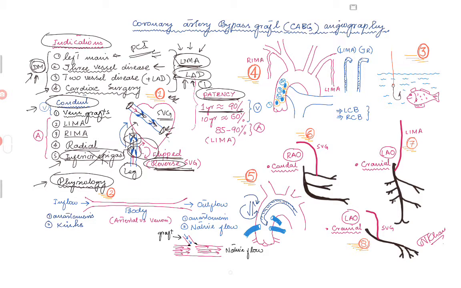Imagine there are 100 patients going in for a CABG. About 10 of those patients, within a year, will have an occluded vein graft. Some of the experts even say that even before the patient comes back from the operating room to the ICU or the recovery area, about 5% of their vein grafts are already occluded.